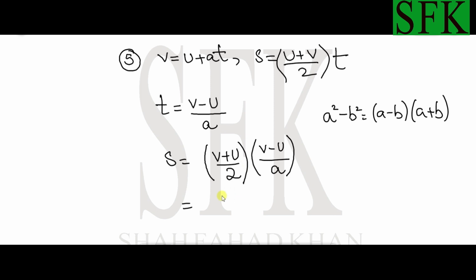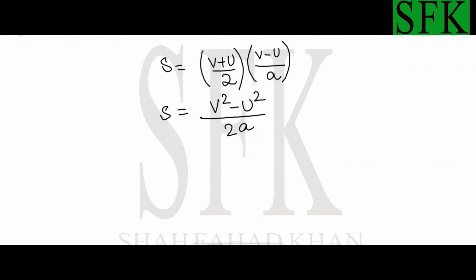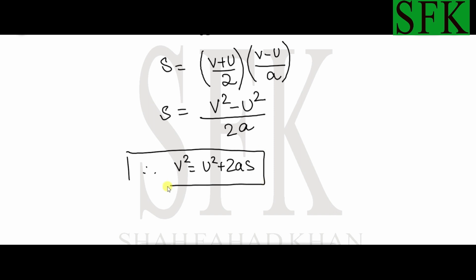This becomes v squared minus u squared upon 2a being equal to s. Now just rearrange it. It becomes v squared equals u squared plus 2as. This is our last equation of motion derived.